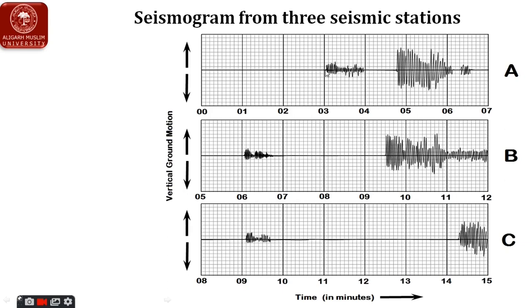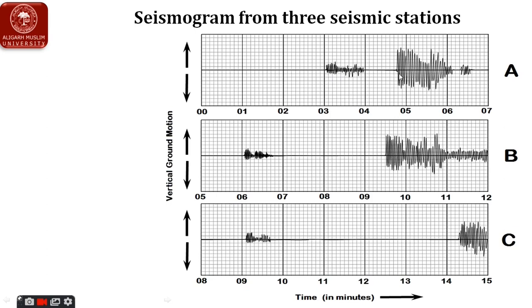So this particular cluster represents the arrival of P waves, and then here it represents the arrival of S waves. In each case we can see that there are distinct clusters of vibrations, and the difference between the 2 clusters represents the time gap.